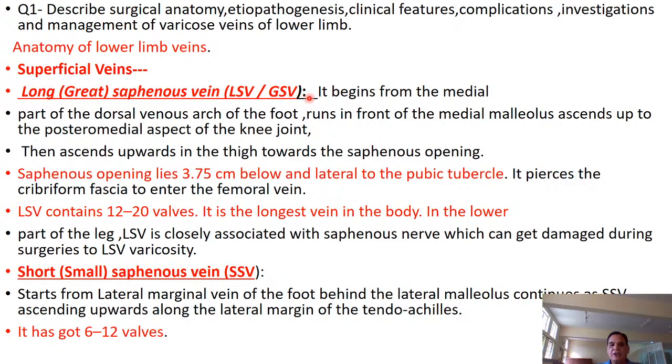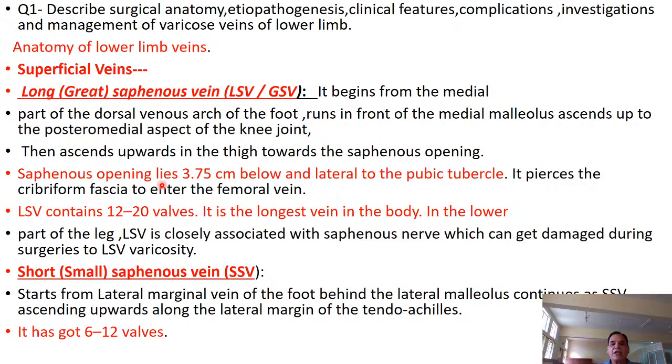Where it begins, just remember, all these begin at the medial part of the dorsal venous arch of the foot. Simply put, they originate at the medial malleolus. And then they will ascend up to the knee and then go to where? To the saphenous opening. This is the end point. Where does the saphenous opening lie?